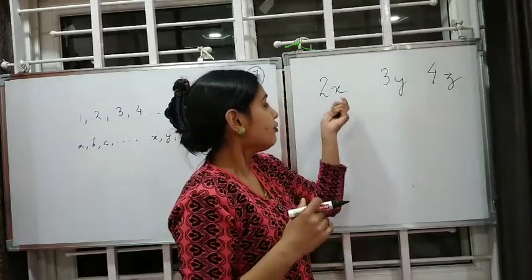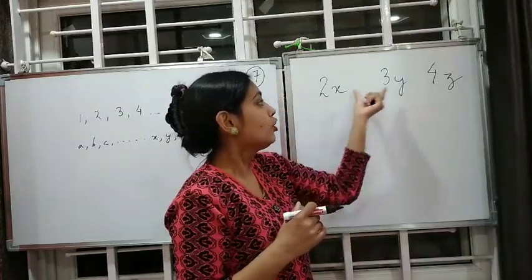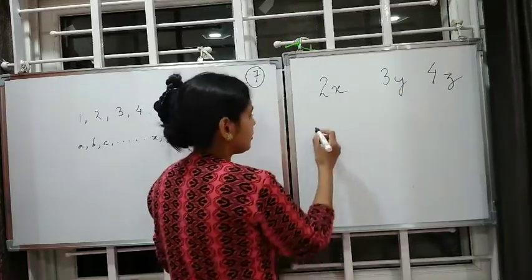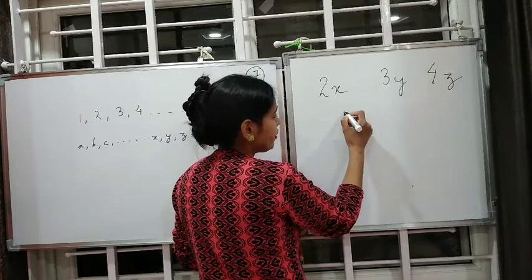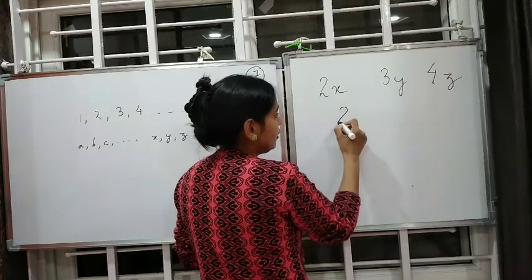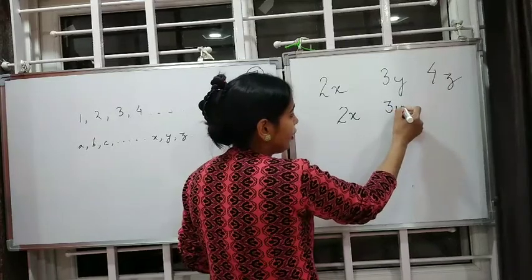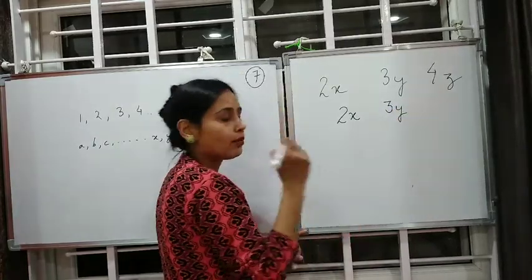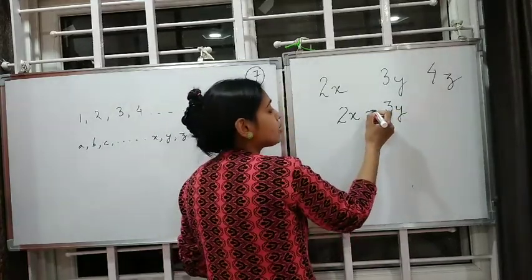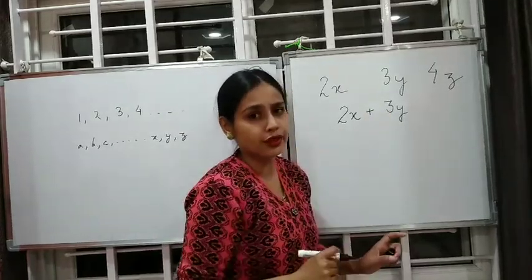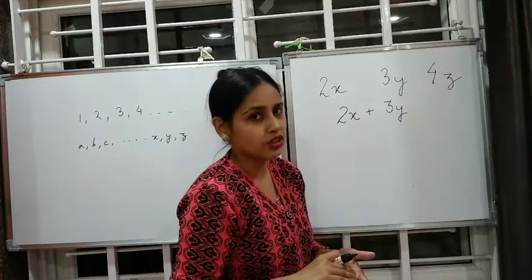Now, if we combine two algebras, for example, we take the same example 2x and 3y, and combine them with a mathematical operation, that is either plus or minus or multiplication, the four basic operations, or division, anything.